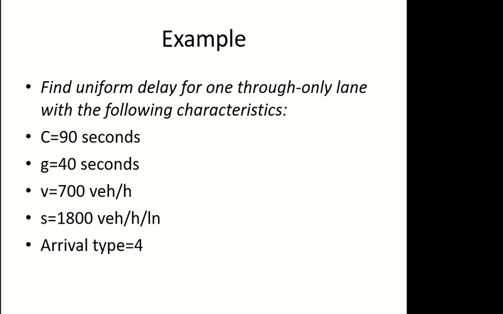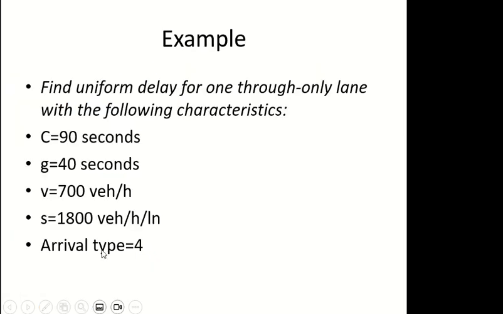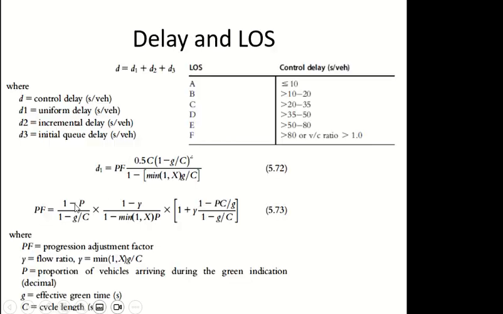They have already done the calculations for that, and the arrival type is 4. If I go back to the D1 equation, I need the progression factor. Cycle length is given, G by C ratio is given, and X is not given, but I have the flow rate. So first of all, let us calculate the X.